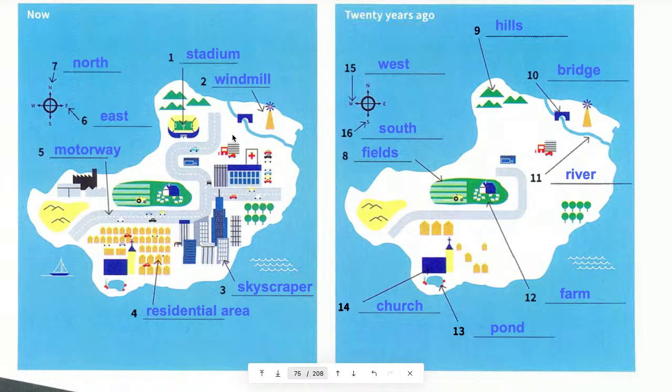Why? Because on the east they show the bridge and the windmill. Yeah, we can see the bridge and the windmill, right? But why do they need to write like that? Because they like it? No. They don't write it because they like it.